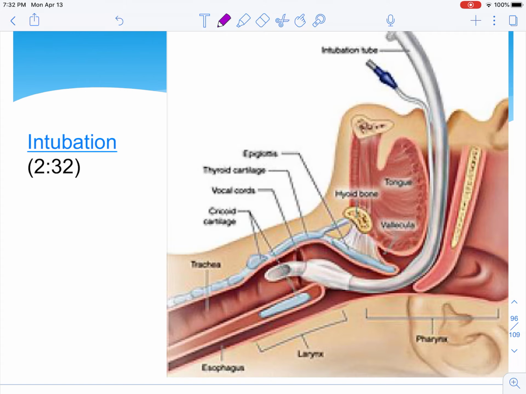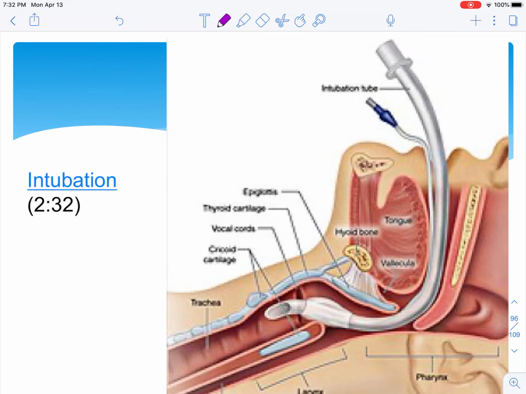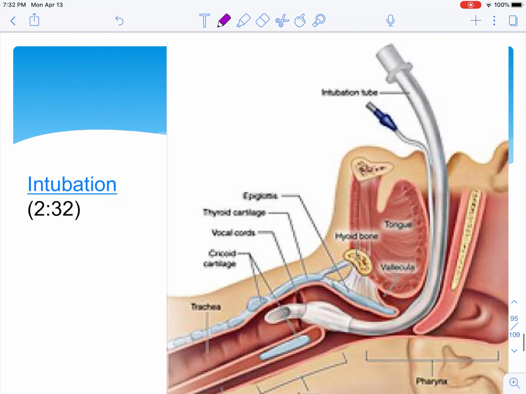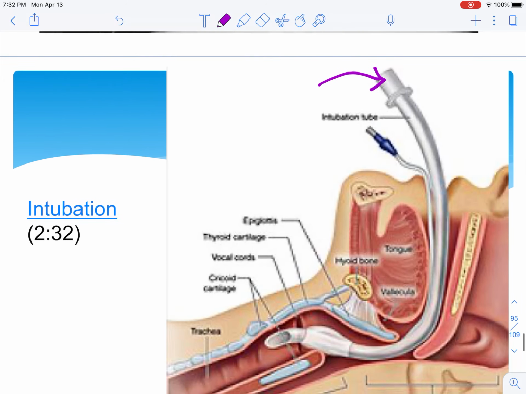Intubation, this was a video I included because we were using this intubation tube when Mr. Hoffus brought in a lung from the meat packers, and the intubation tube was put into the trachea, and using a bicycle pump, we did a demonstration to inflate the lungs using this intubation tube, because this bubble here was inflated and could seal off the trachea.